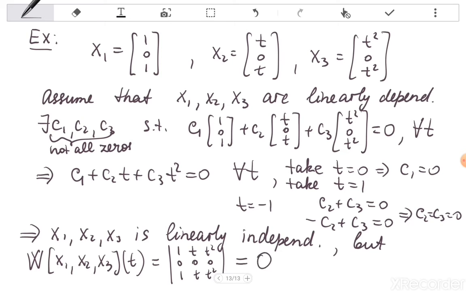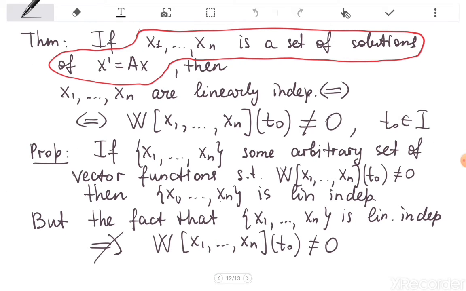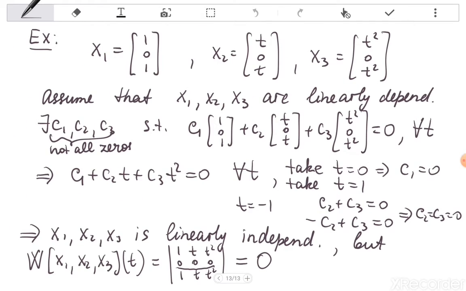And this will be 0, of course, because one line of this determinant is zeros, right? So the fact that these are linearly independent doesn't mean that there is a t0 where the Wronskian is non-zero. So we get an example of a linearly independent set, but the Wronskian is 0 for any t.